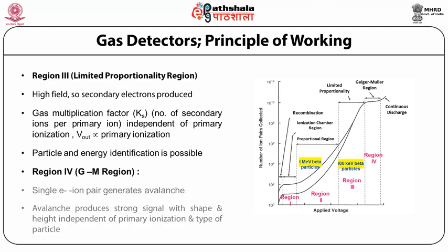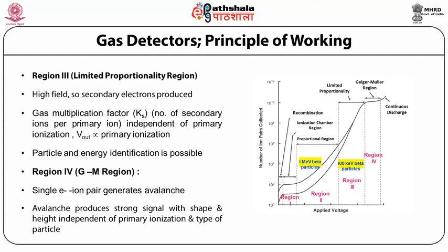In this case, a single electron-ion pair generates an avalanche. It means the radiation comes, interacts with the detector, the voltage is very high, and corresponding to each primary electron, an avalanche is generated. Number of secondary ions are generated. The avalanche produces a strong signal with shape and height independent of primary ionization and type of particles.